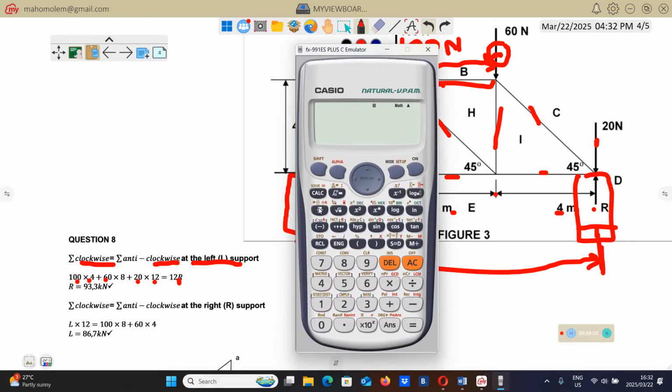You make R the subject of the formula. Then R will be equal to 100 multiplied by 4 plus 60 multiplied by 8 plus 20 multiplied by 12, all over 12.